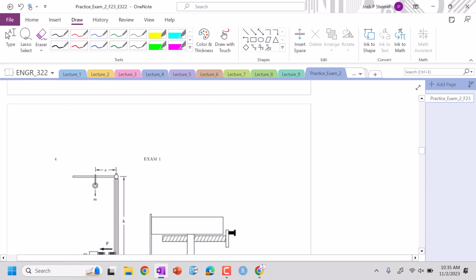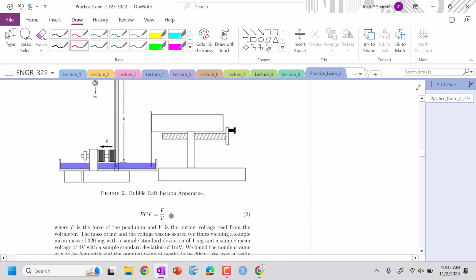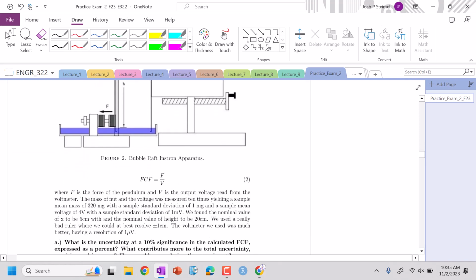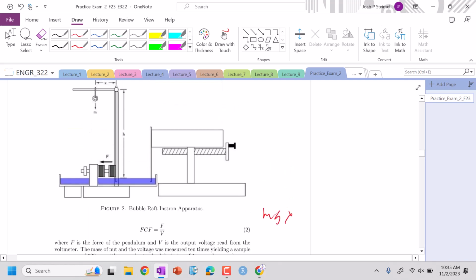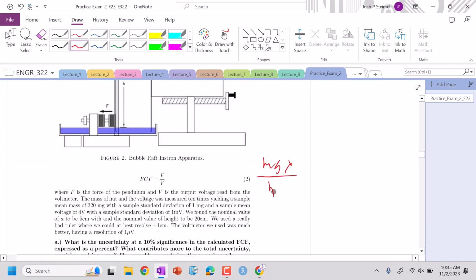So we calculate this force correlation factor, FCF, which is just the force divided by the voltage. So our force is equal to mgx over h over voltage. So this is our fundamental function, FCF.